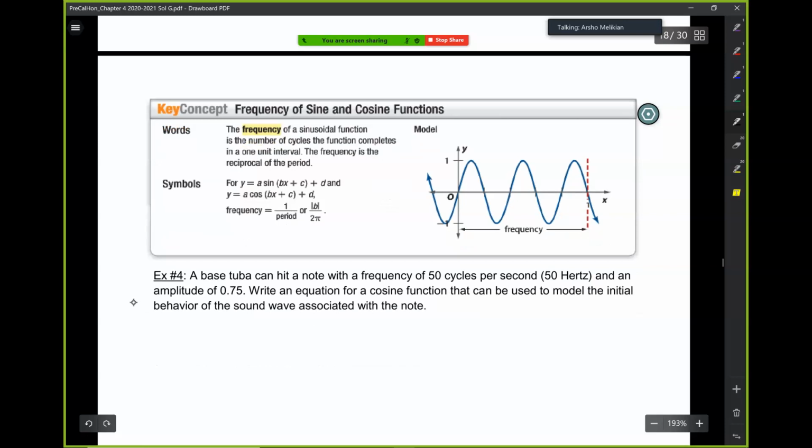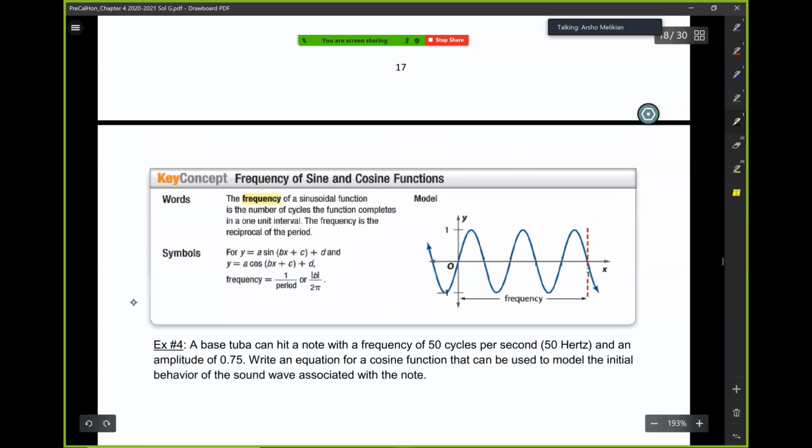All right, so let's talk about frequency then. Like I mentioned, I can have a radio wave that could look like that, okay? A very, very slow wave. I could have an X-ray that looks like this.